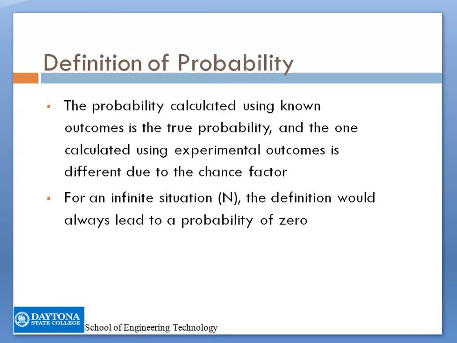The one calculated using experimental outcomes is different due to the chance factor, because it could happen or not. Now, when we have an infinite situation, the definition will always lead to a probability of 0. This is when you don't know the outcome, or the outcomes have an infinite number of occurrences.